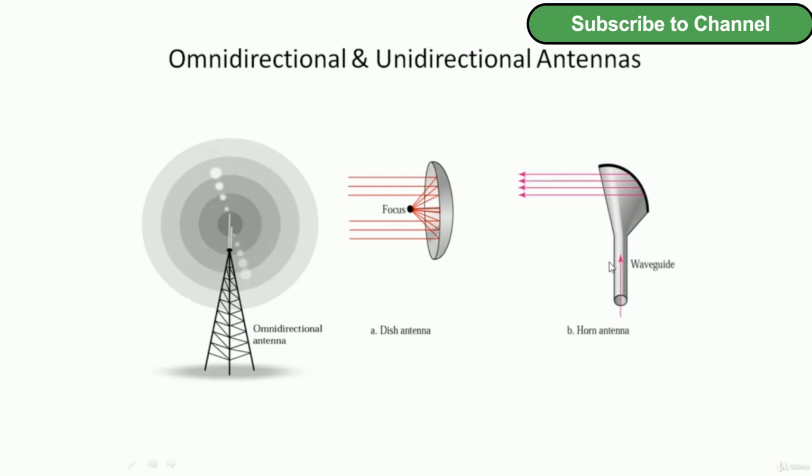This is the waveguide. So these are some types used here: omnidirectional and unidirectional antennas. The omnidirectional one radiates on all sides. Then these are the unidirectional antennas used in the transmission.